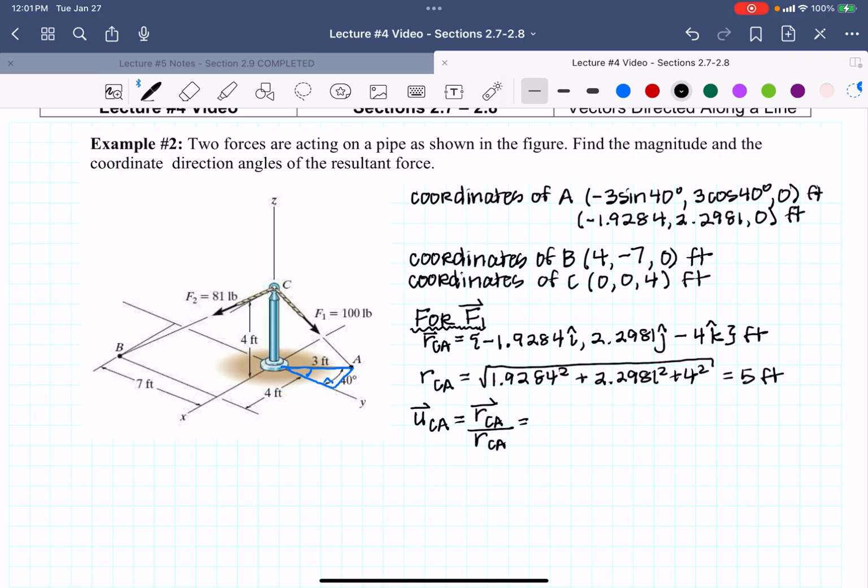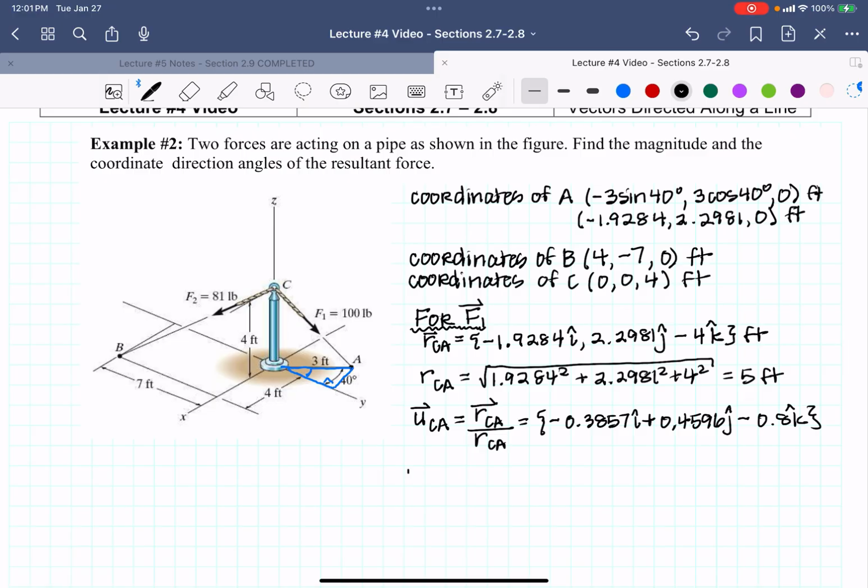I'm going to divide each of the numbers by 5 in my unit vector, and I'm going to get -0.3857 I hat plus 0.4596 j hat minus 0.8 k hat. And then it's unitless.